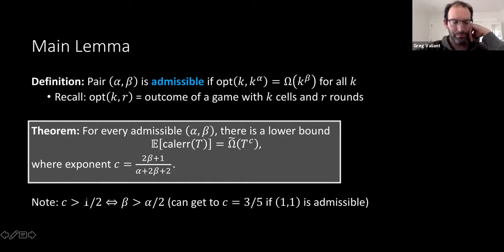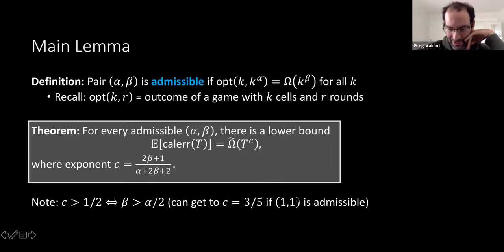And I guess two comments. In order to get a non-trivial bound on the calibration game, you just need beta to be at least half alpha. If you could show that 1, 1 is admissible, namely given the sidestepping game where you have k entries, you have order k rounds, and you can prove that the adversary can ensure that there will remain order k arrows at the end, then this would yield a capital T to the 3/5 lower bound in the calibration setting.